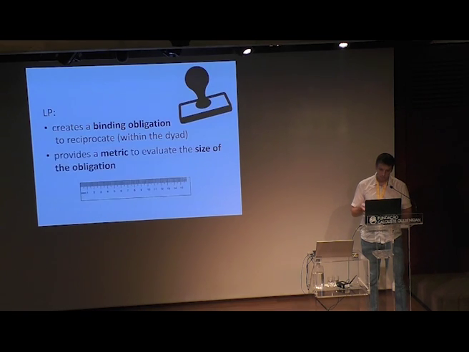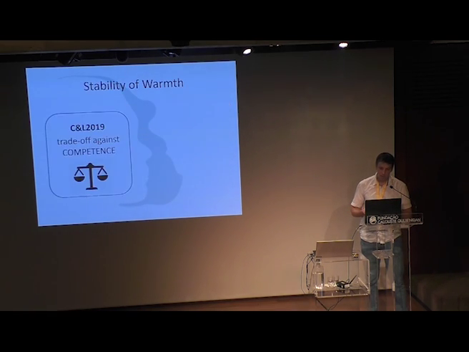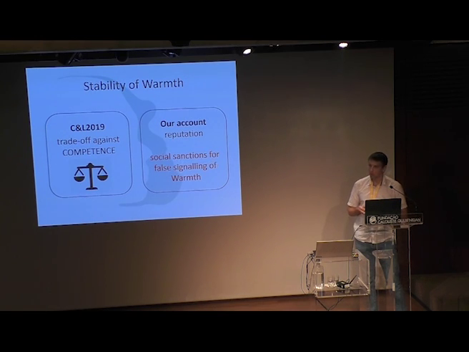But, scrolling down through a lot of this, this would have one important empirical consequence. The difference, in short, between the original Jordan and Lowenstein account and our account is that their account is self-sufficient, right? Because when you signal warmth, you do that at the cost of competence. You lose competence, so it's costly. On our account, when you signal warmth, that would be correlated to your perceived cooperativeness, so there would need to be social sanctions for false signaling of warmth, right?